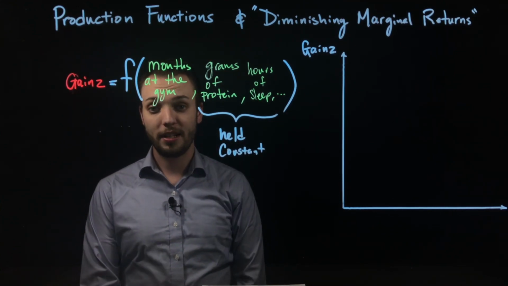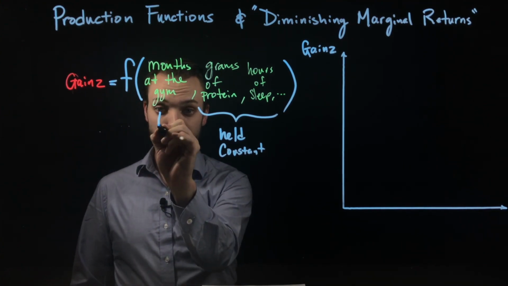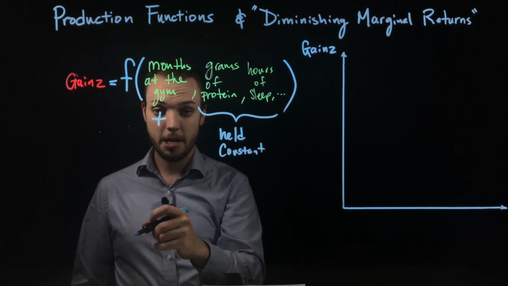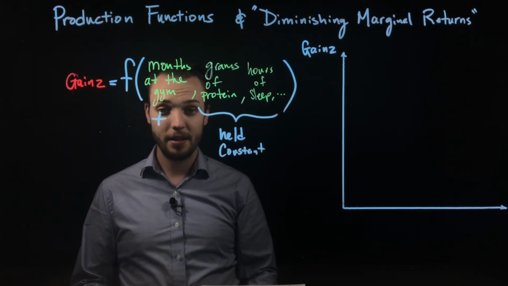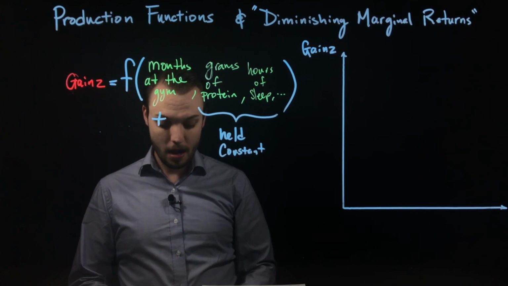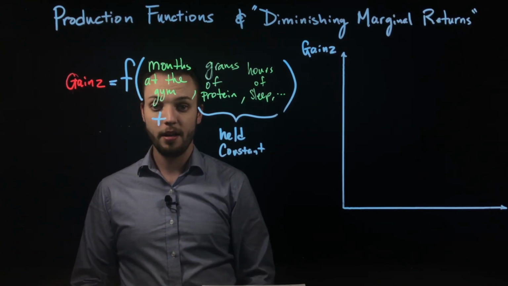So, well, the first thing that we might be able to say is that there's going to be some positive relationship, right? The more months you go to the gym, the more gains you're going to get. And that should be simple enough. But what more specifically might this function look like?